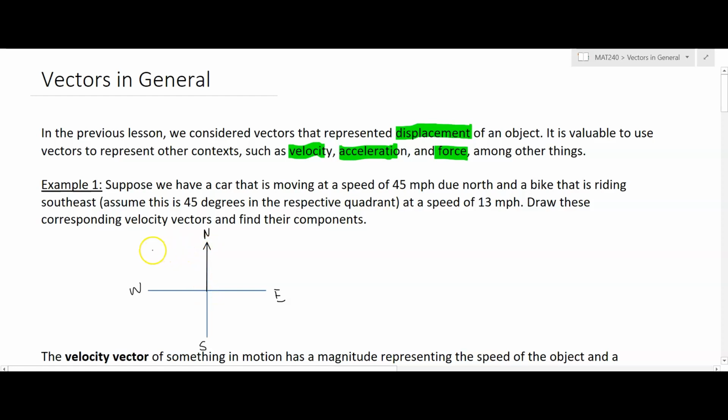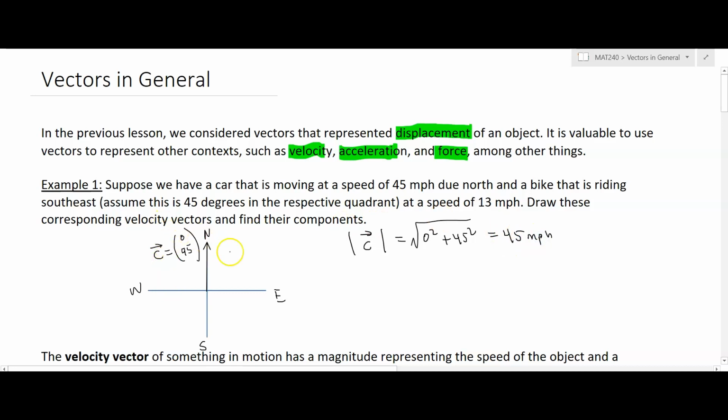If we think about what this vector represents, I will go ahead and call this C for the car vector, and this vector points 0 units to the right or left and 45 units straight up. One thing to observe is that the magnitude of C, if we find that by taking the square root of the sum of the squares of the components, is going to be 45, in miles per hour.